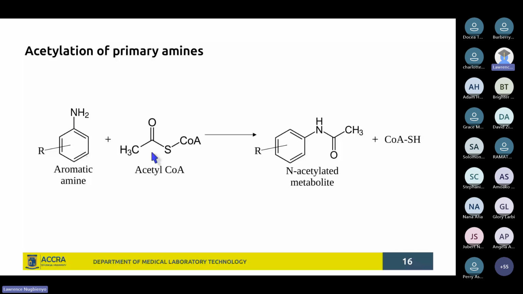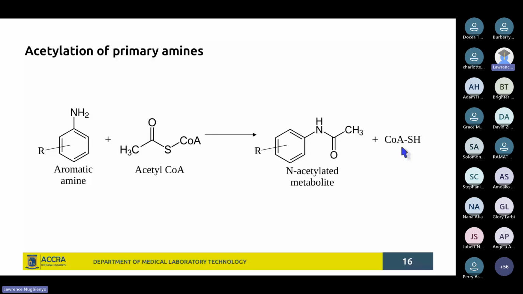And you have acetyl-CoA, from which you now have that acetyl group binding onto the amine group to give you an N-acetylated metabolite. You have the enzyme N-acetyltransferase responsible for catalyzing this reaction. And then, of course, you are left with a coenzyme.